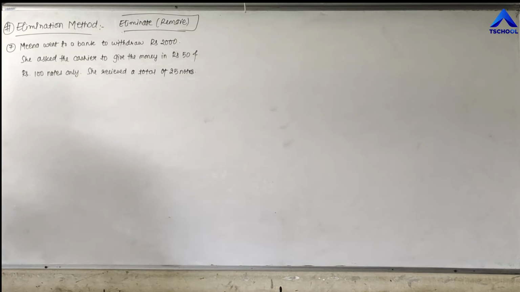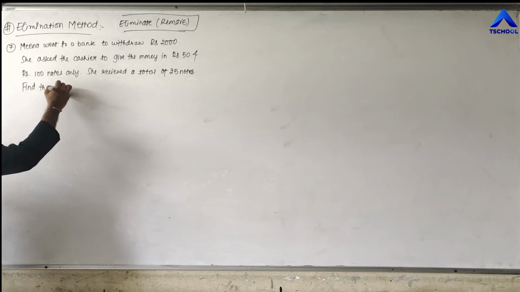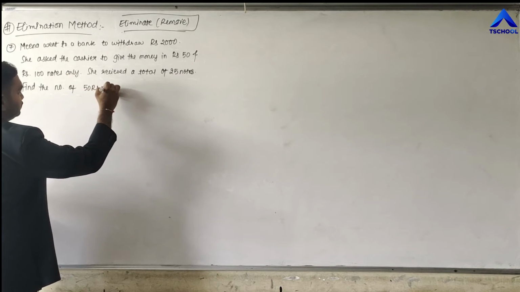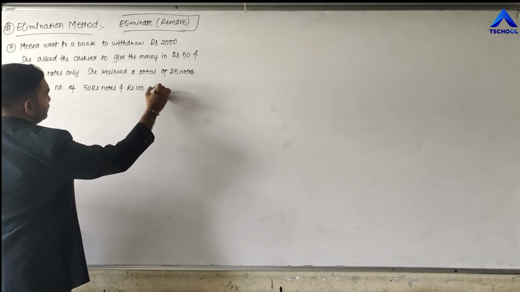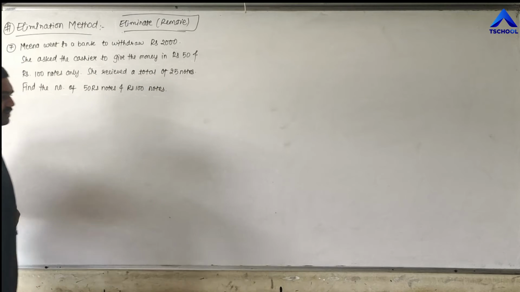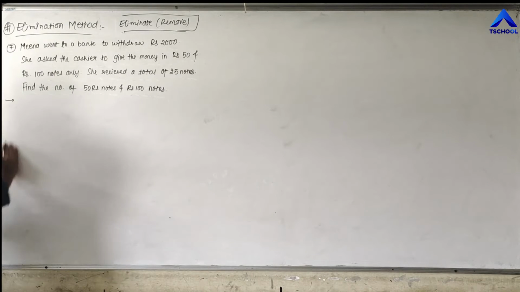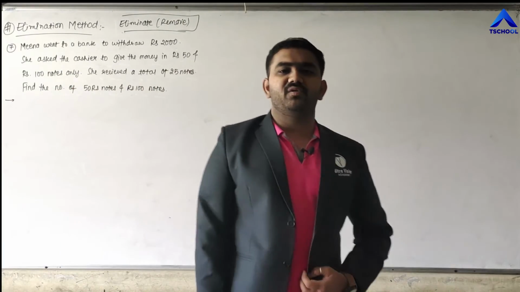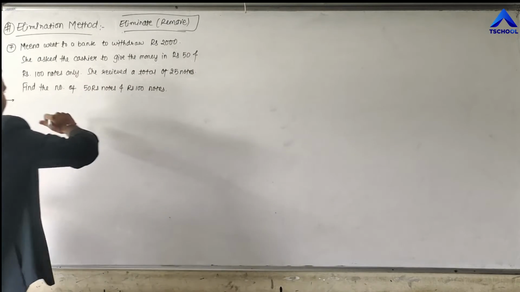Right? So what we need to find out here is the number of 50 rupees notes and 100 rupees notes. So first of all, we need to find out the number of notes here, so we are going to assume the variables for these both notes.